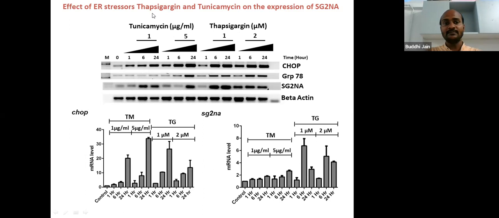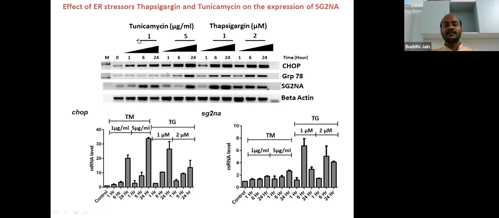The cytosolic calcium level increases, and the calcium level in the ER lumen decreases. This imbalance in the calcium level affects the protein folding process and ultimately induces the ER stress and the UPR signaling. Tunicamycin inhibits post-translational modification, and it also induces the ER stress inside the cells.